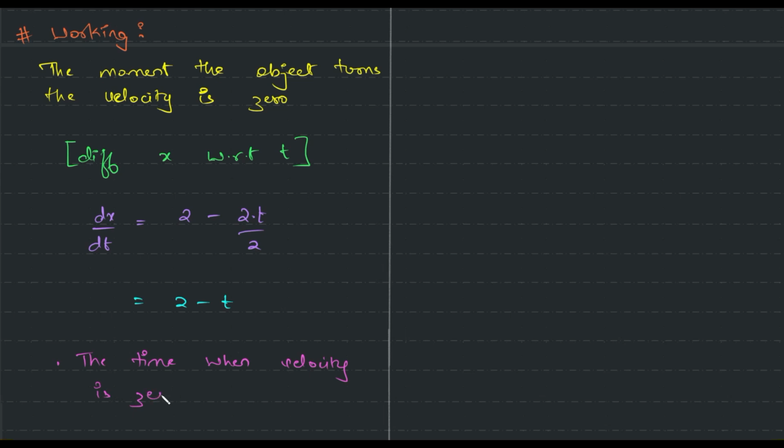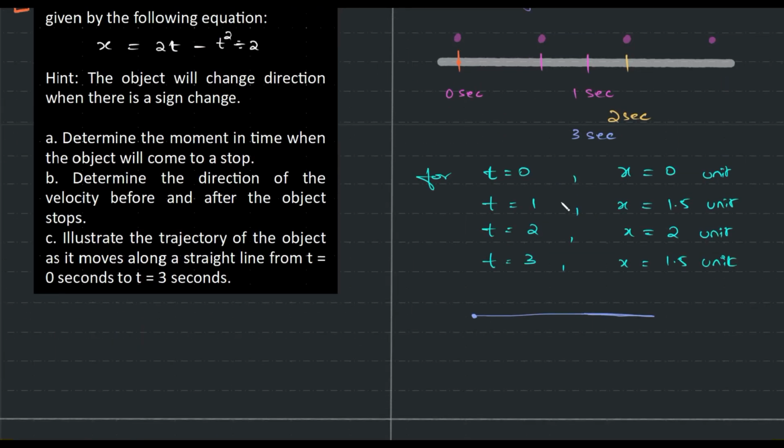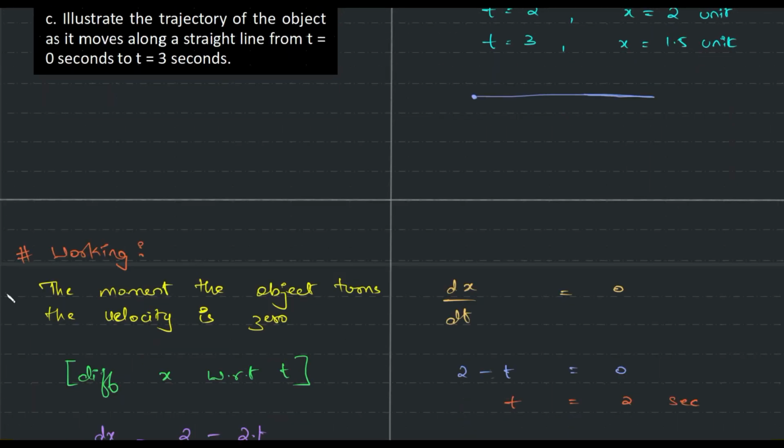How do you figure it out? Make dx by dt equal to 0. And now we are substituting 2 minus t is equal to 0. So t is equal to 2 seconds. As simple as that. So that is our A.